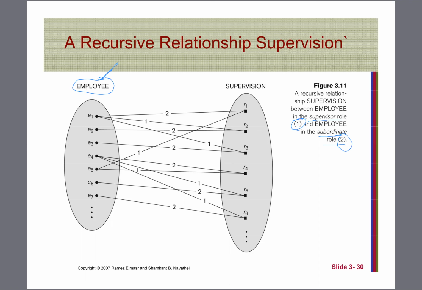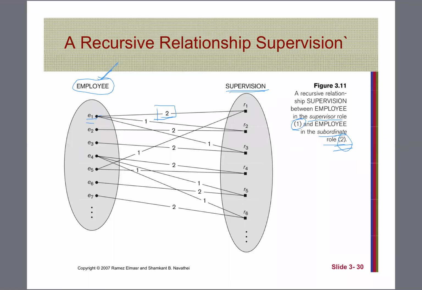Now, supervision is the relationship here. Okay, so let's see here. So, employee number 1 is playing role 2. Role 2 as in, if you can just recall, role 2 is subordinate role.